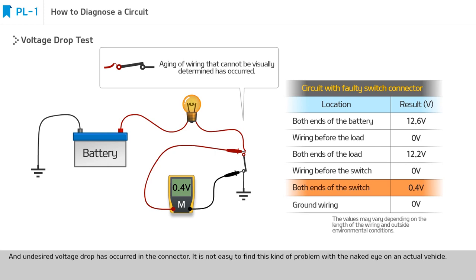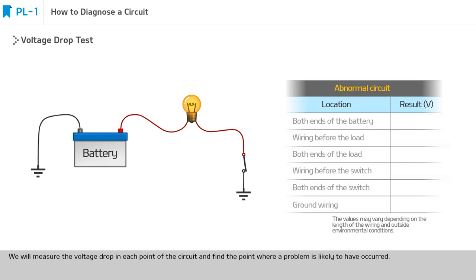It is not easy to find this kind of problem with the naked eye on an actual vehicle. We will measure the voltage drop at each point of the circuit and find the point where a problem is likely to have occurred.